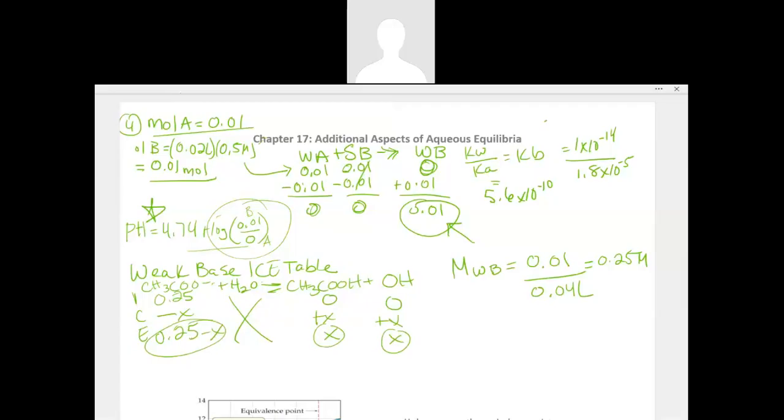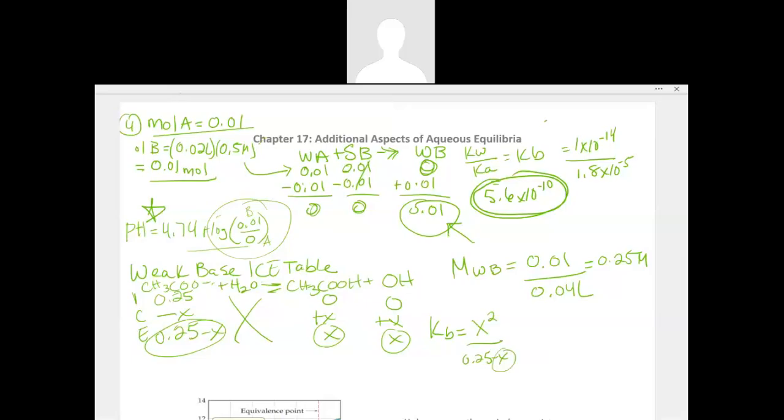Now we have some variables that we can plug into a Kb expression, and I've already solved for Kb up above. This 5.6 times 10 to the negative 10 was derived from Kw divided by our Ka value given previously in the problem. Now let's look at our Kb expression. We have x squared, so products over reactant.